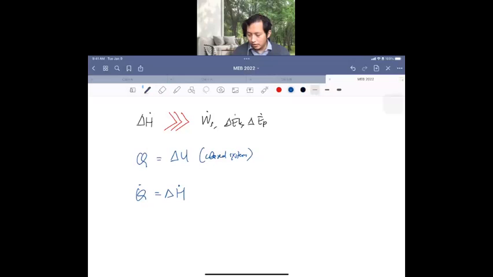Sorry, this is an open system. We sometimes just write this to signify that the heat is actually the change of internal energy, or the heat is the change of enthalpy.